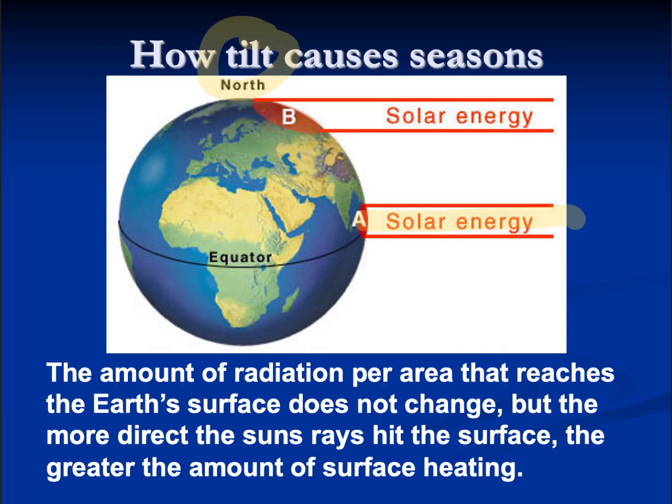But at position B, you're holding your light at an angle, so the same amount of light is spread over a greater area. That would be winter. The amount of heat and light radiation leaving the sun and arriving at Earth doesn't change, but how it is concentrated does change over the course of a year.